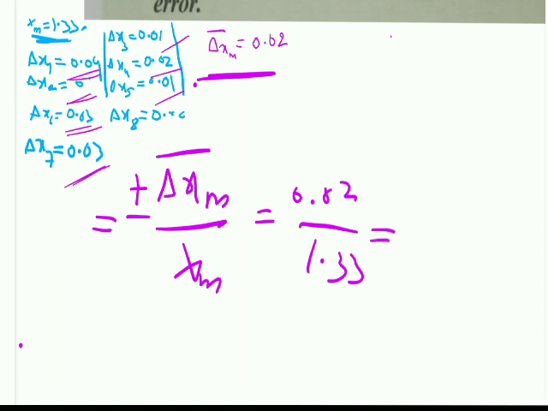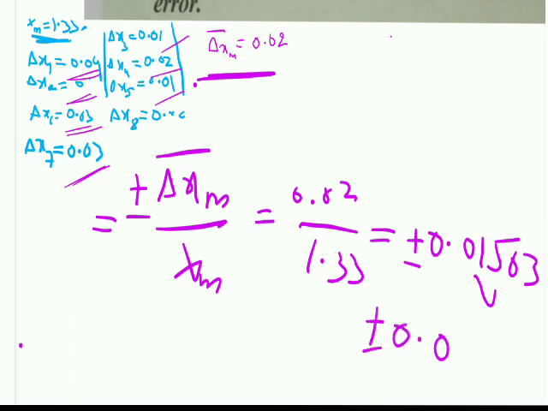This value is 0, plus or minus 0.01503. So rounding off to 2 places of decimals, 2 places of decimals means 0. This is plus or minus 0.02.